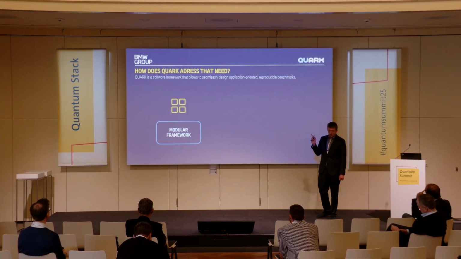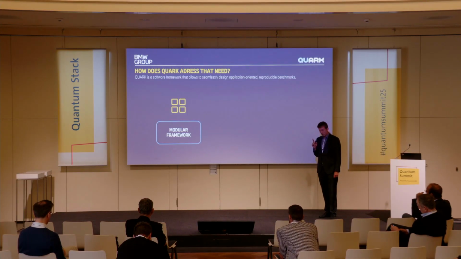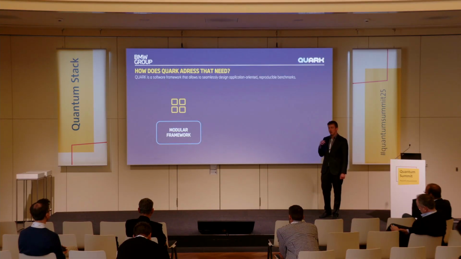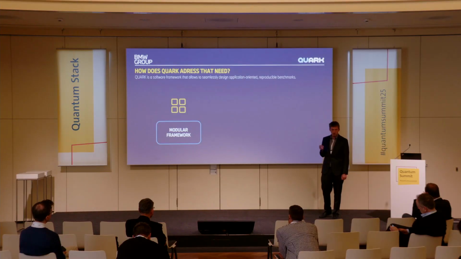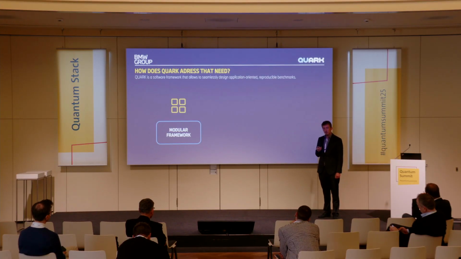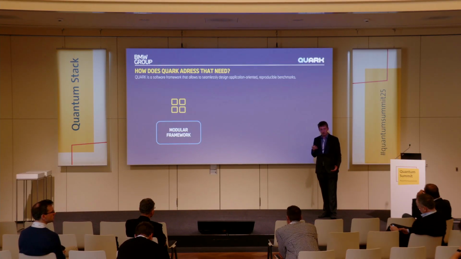Now, when we came up with QUARK a couple of years ago, we designed it as a modular framework, which means that it should be as easy as possible for everyone who wants to use it or contribute to add their own customizable modules so that they can build their own pipelines for whatever benchmarks they want to run.